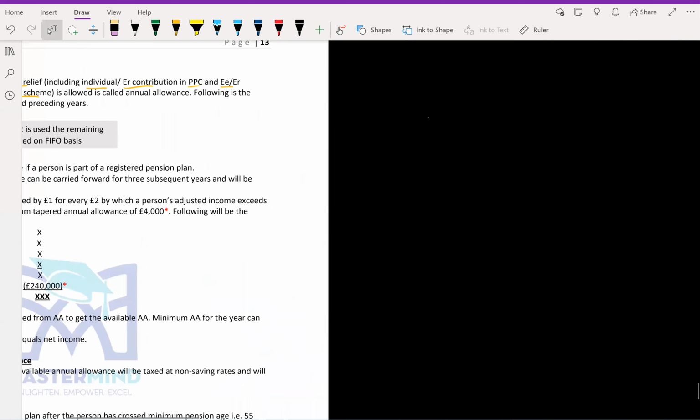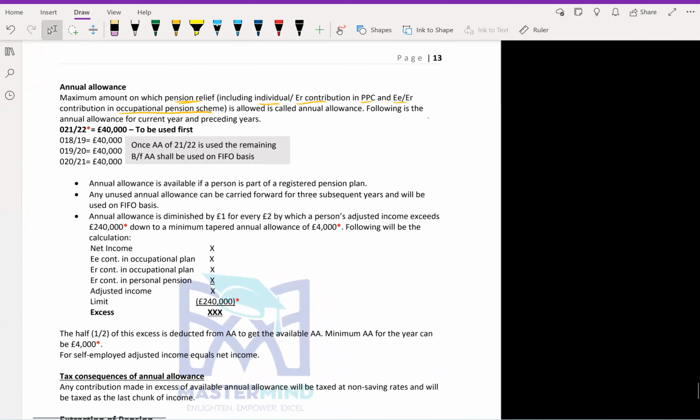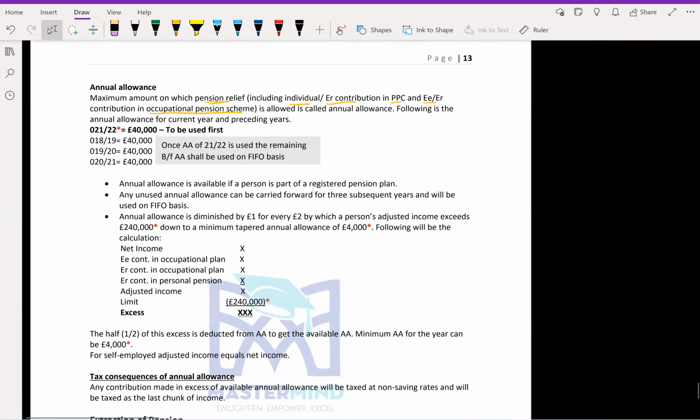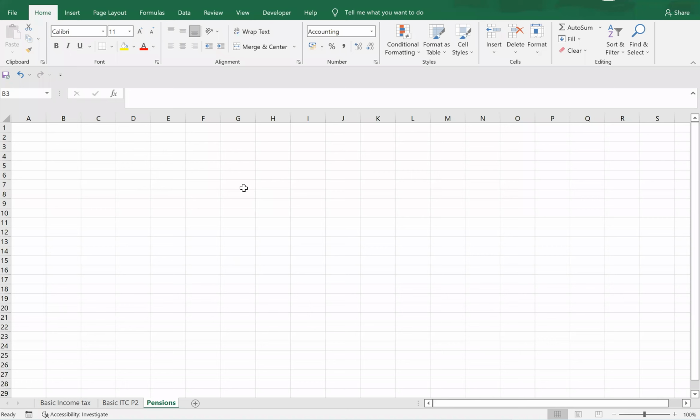What 4 contributions? I'll just open up Excel. Just give me a second. It will be easier to solve them. So there are 4 contributions they're talking about.